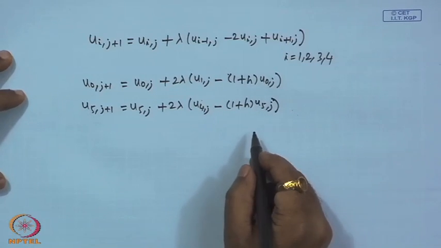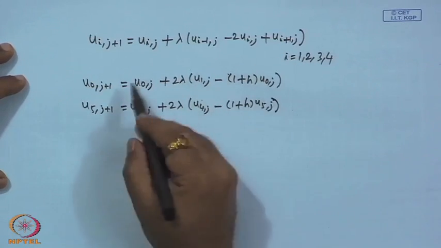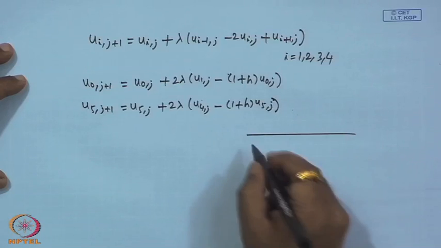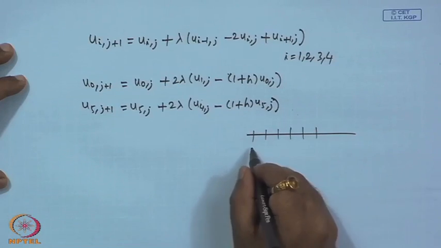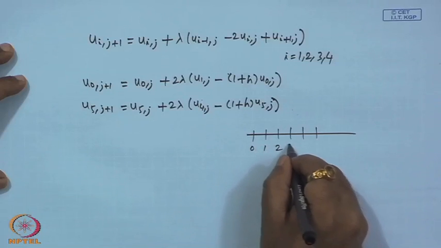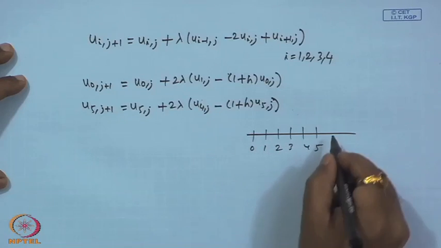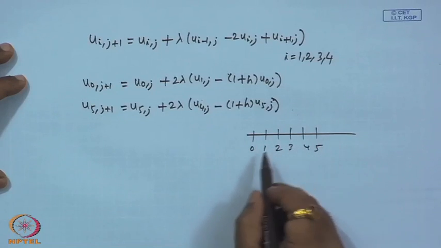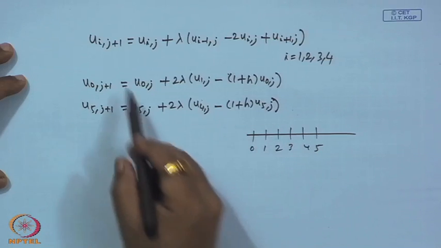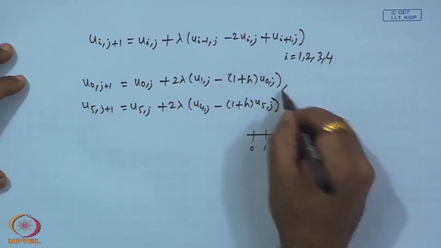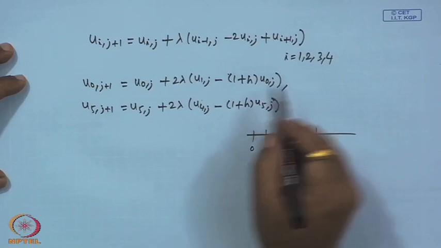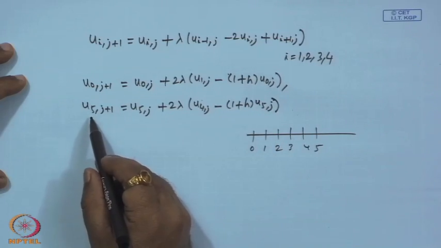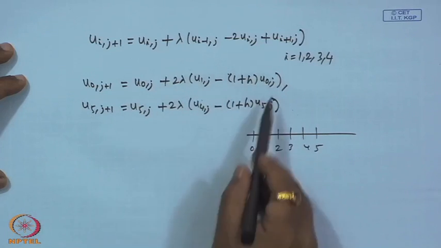okay. So, this is all the unknowns. So, I am making it shorter 0, 1, 2, 3, 4, 5. Okay. So, at these values we can compute. So, this is for 1, 2, 3, 4, and this is for 0 and this is for 5, and you can see there is no fictitious value.